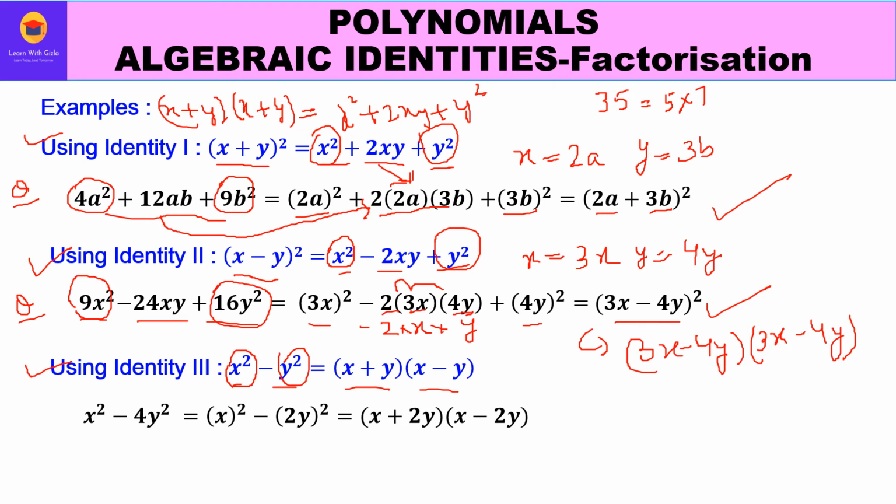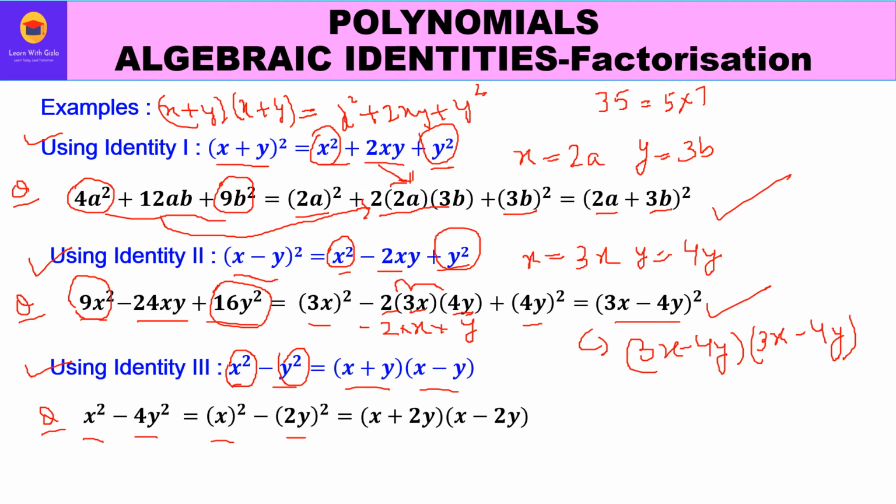So let us take a question. The question says x square minus 4y square. Both are square numbers, which we can write as x whole square, and 4y square can be written as (2y) whole square, in between minus sign, right? So basically the difference of two squares.